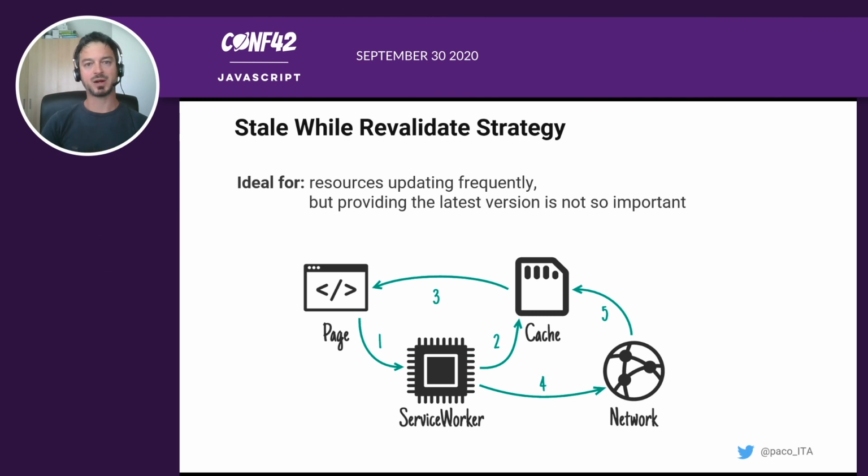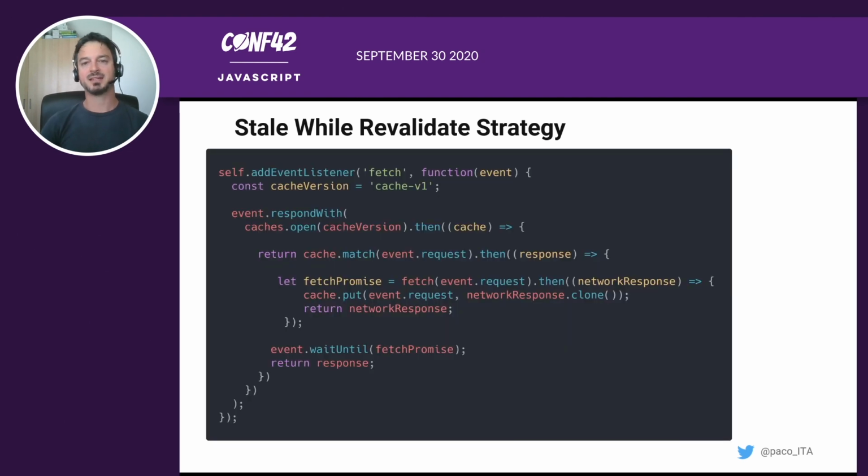But in the background, it also goes over the network and tries to fetch any newly updated asset and updates the relative version in the cache so that any following request will get a newer version straight from the cache. To implement this strategy is not very complex, but there are some lines of code we have to provide.